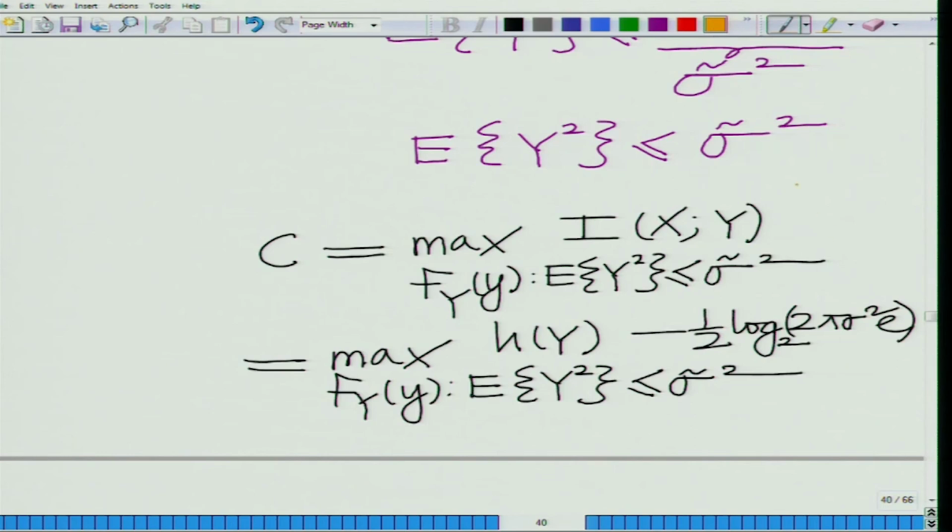Now, if you observe, this is your h of y given x. This is a constant in the sense that it does not depend on the input probability density function.